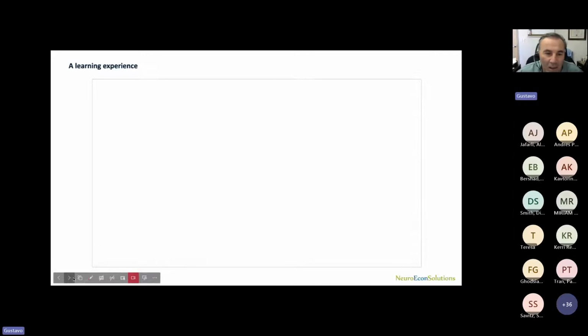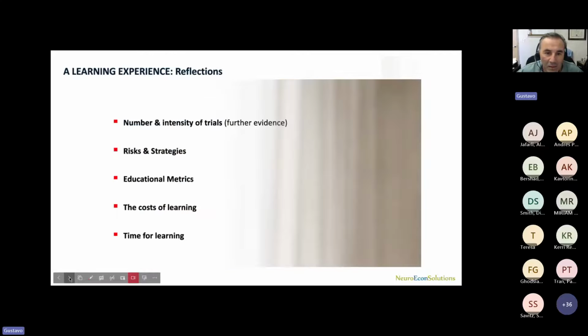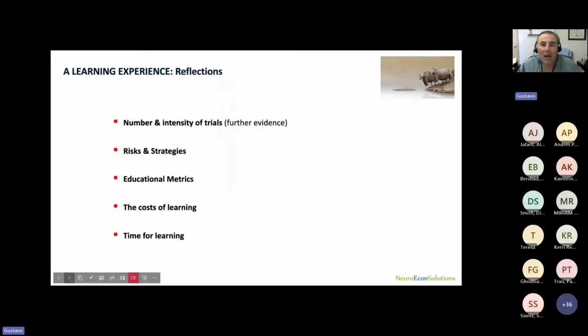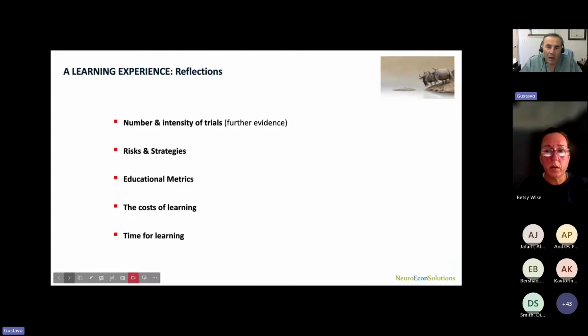So this is mostly a reflection for you about how we learn in medicine. For example, those who are invested in research, including pharmaceutical companies, have to conduct many, many trials until one out of thousands of molecules maybe comes to the market.